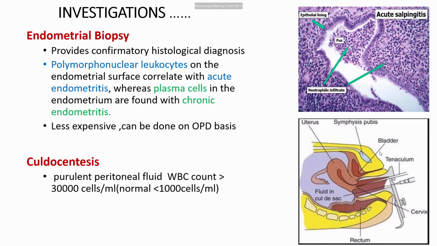This also we usually do not do. If it is purulent, we can aspirate the purulent peritoneal fluid. If the count is more than 30,000, then it is also a diagnosis. It also helps in the diagnosis of pelvic inflammatory disease.